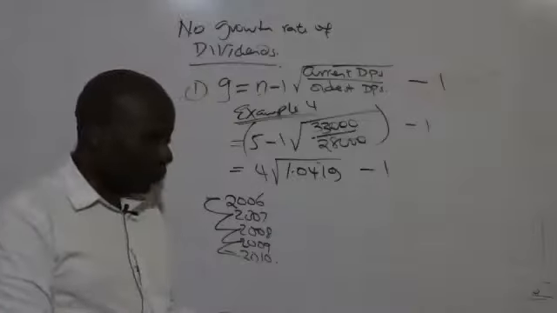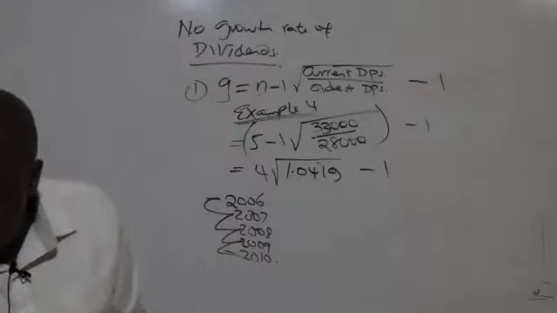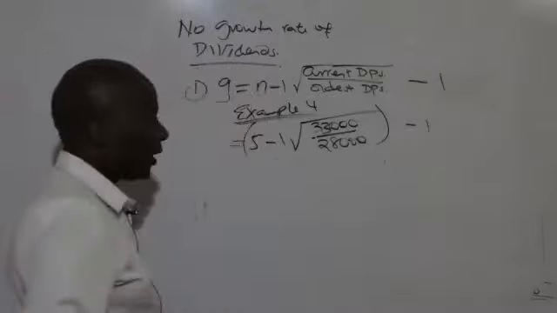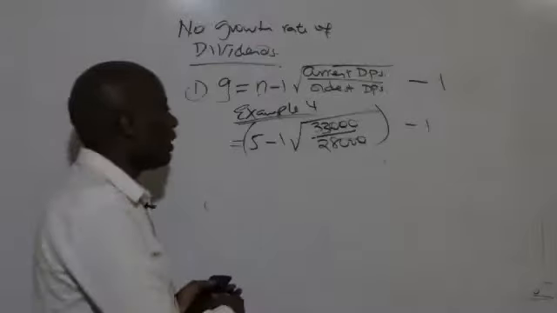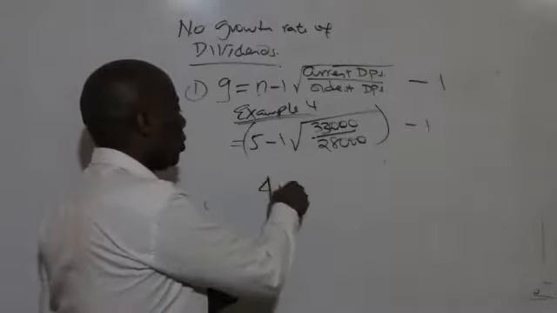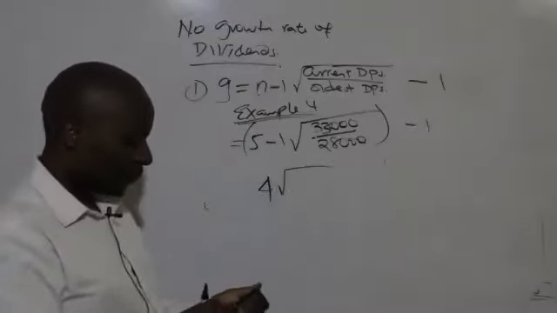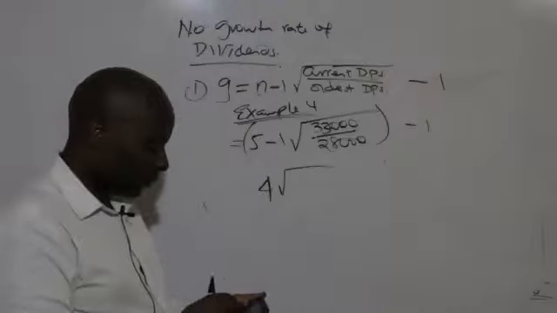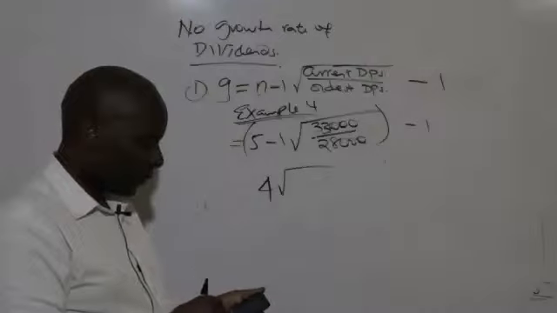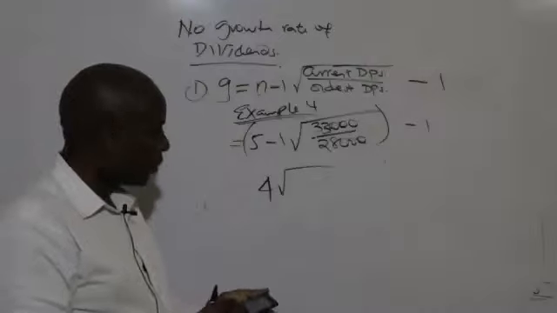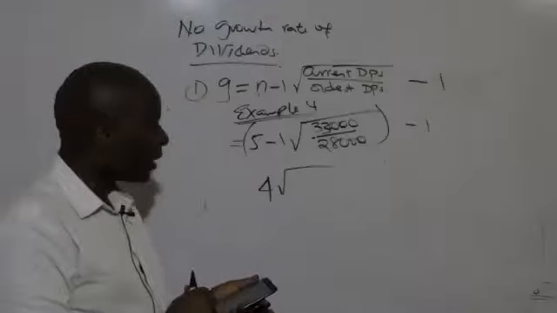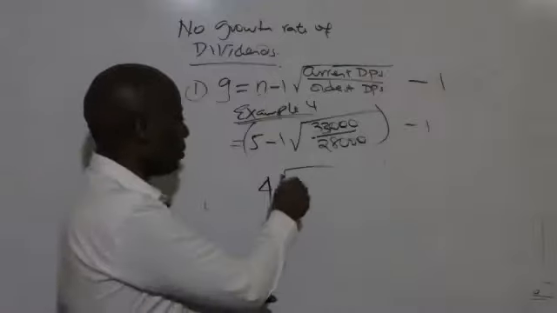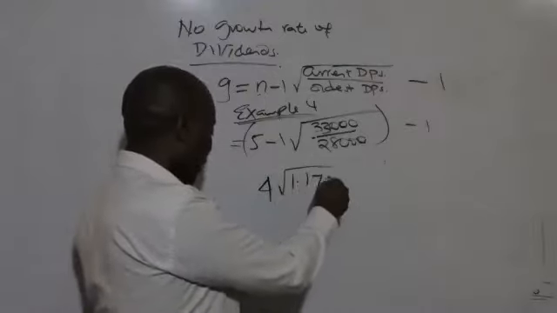I don't know how they are able to get this figure. Let me just use my calculator. So we are saying here, this will be the fourth root of 33,000 divided by 28,000, which equals 1.1786.